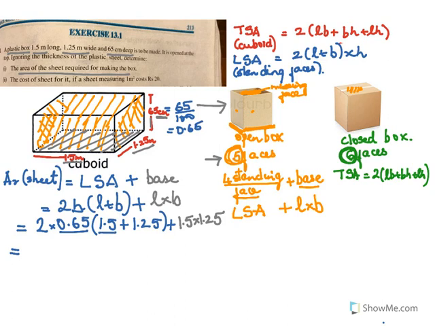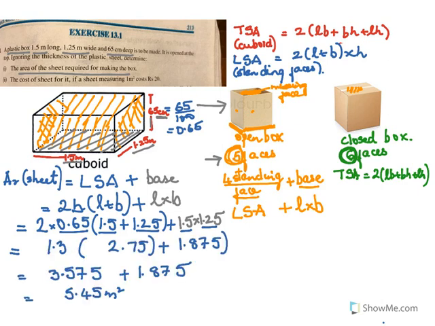The length was 1.5, the breadth is 1.25, here the length again 1.5 and 1.25, and you carry on with this calculation. So after you substitute and do the calculations, you will get the answer that the area of sheet required is 5.45 meters squared. That is the first part of the question.